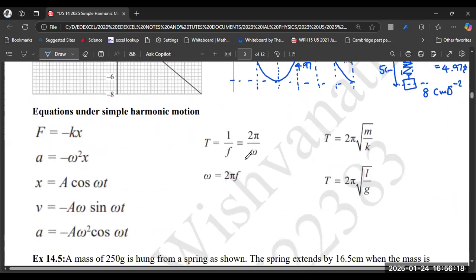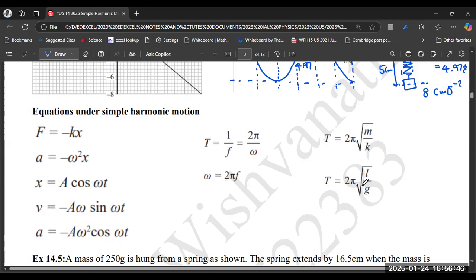These are the equations available for us in the formula sheet. Why I told like that is, from there only I know that these equations are the main equations I can use in simple harmonic motion.